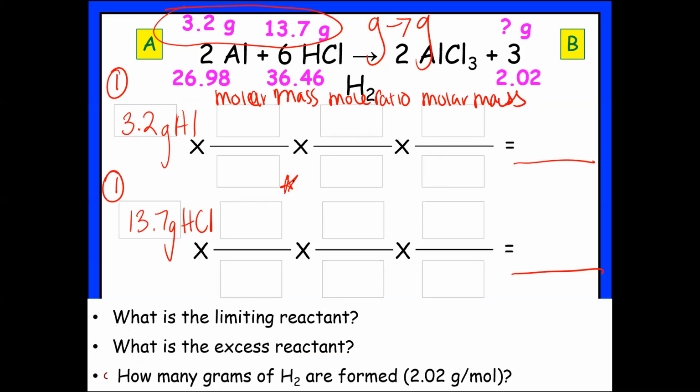You said molar mass, but what am I going to put? Grams of what? Grams divided by mole. And then the grams of aluminum is the number in the bottom, which is this.